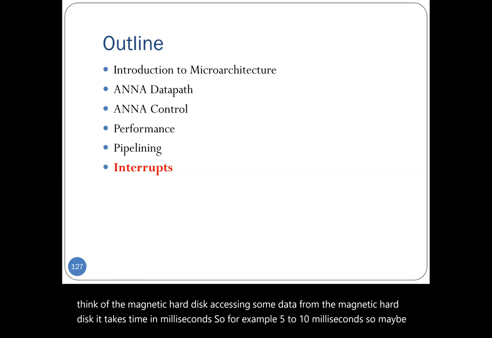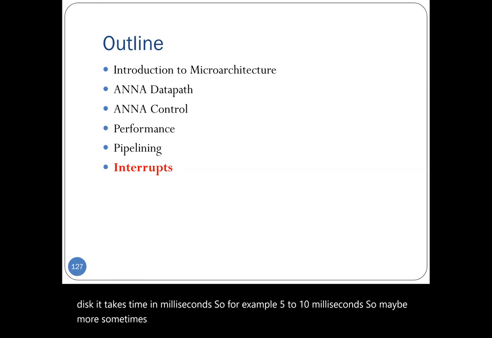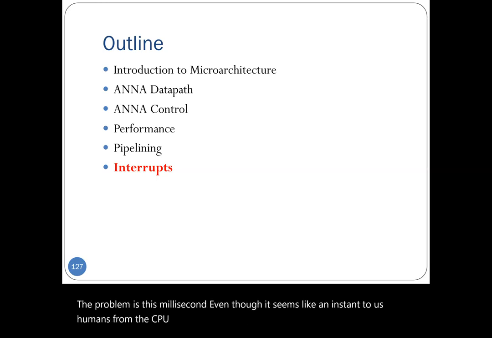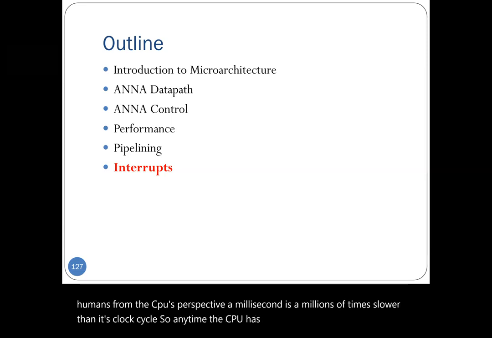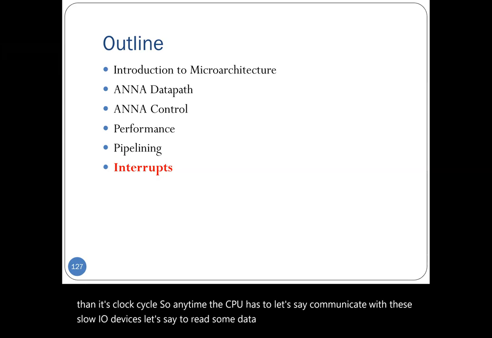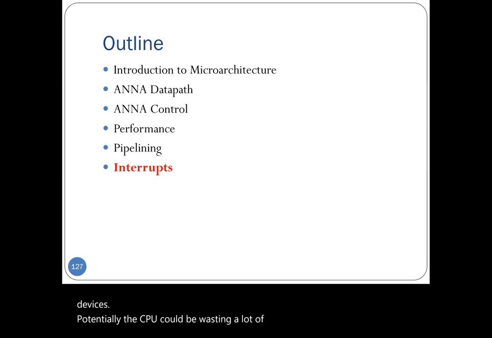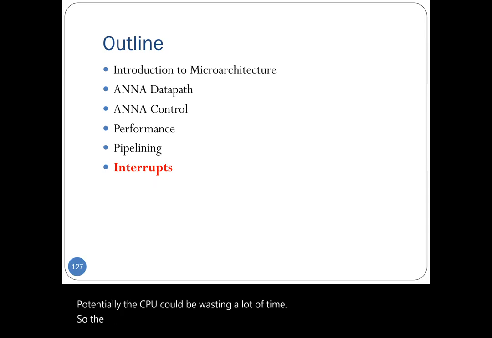Even though a millisecond seems like an instant to us humans, from the CPU's perspective, it is millions of times slower than its clock cycle. So anytime the CPU has to communicate with these slow IO devices, to read or write some data, the CPU could be wasting a lot of time. So the question is, how can we make this communication efficient?